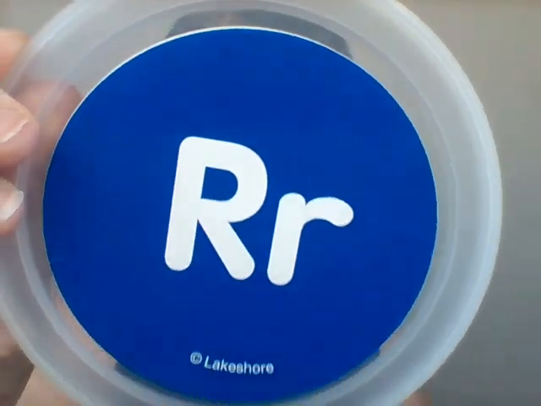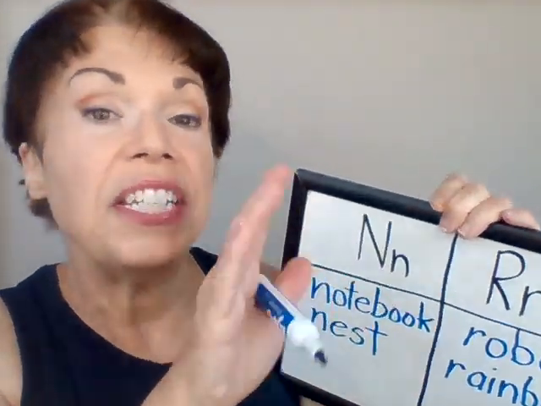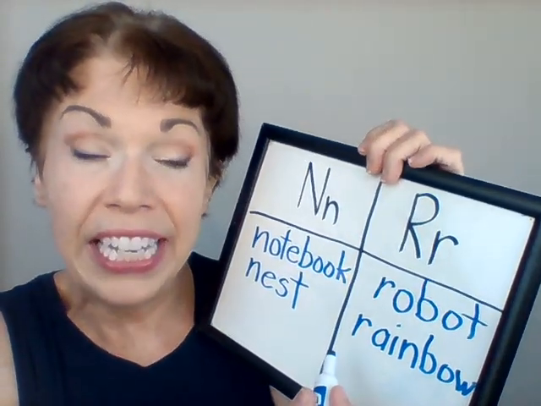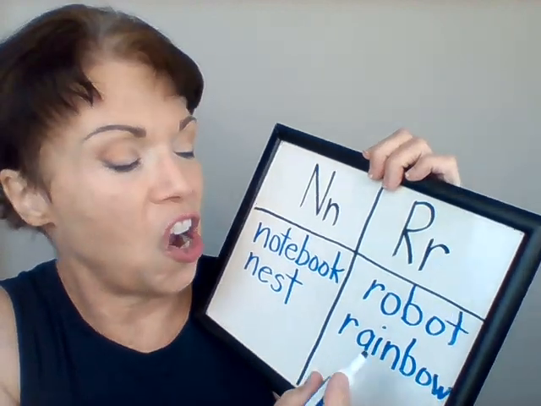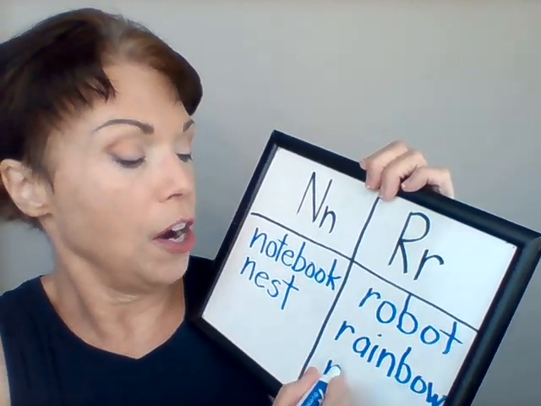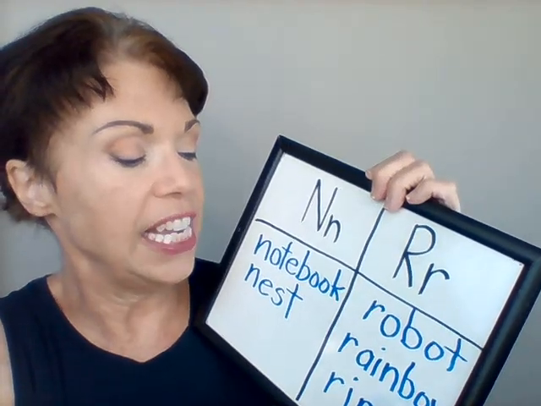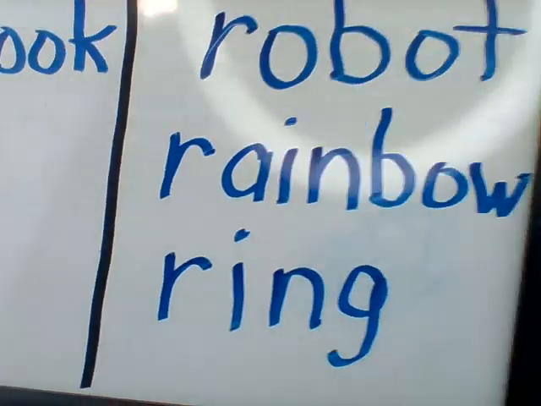Ring. It's an R sound. Ring begins with the letter R. Let's write that word down on my graph. On the R side, let's spell ring. What's the first letter? R. Go. R-I-N-G. Ring begins with the letter R.